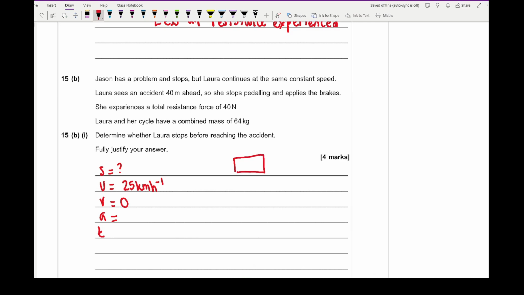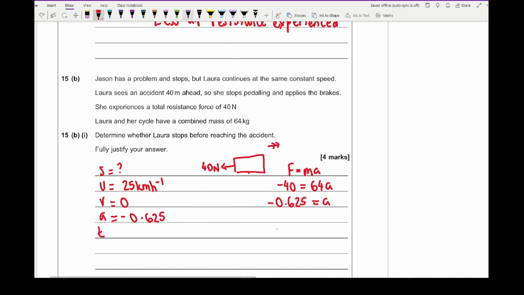So if we set up the diagram where the resistance force is 40 newtons, acting against the direction that Laura is travelling at the moment, we use F equals ma, and we can work out a from here. So negative 40 is equal to mass of 64 times acceleration, and so minus 40 divided by 64 is minus 0.625 for acceleration. So now we have this value.